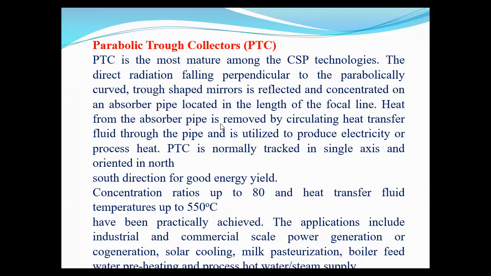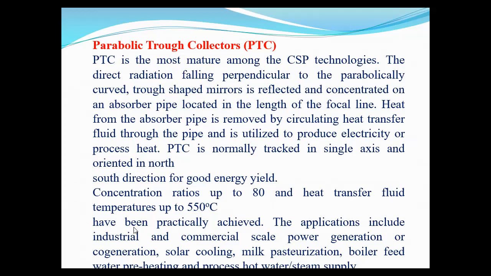Heat from the absorber pipe is removed by circulating heat transfer fluid through the pipe and is utilized to produce electricity or process heat. PTC is normally tracked in single axis and oriented in north-south direction for good energy yield. Concentration ratio up to 80 is obtained, and heat transfer fluid can be heated up to 550 degrees Celsius.